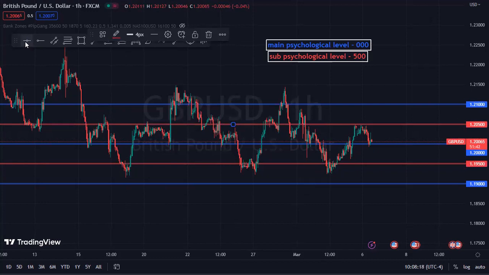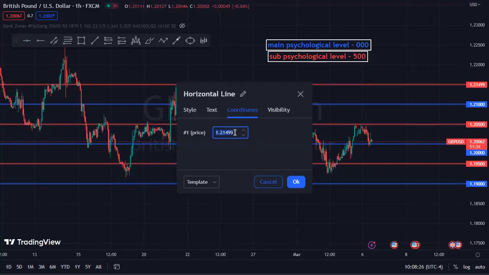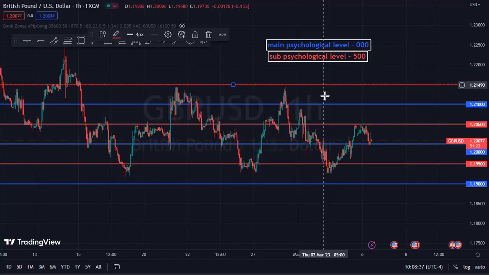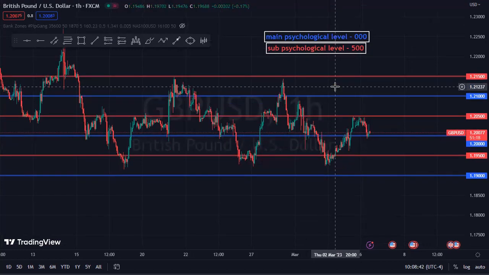Then we're gonna plot out our last one, which is gonna be 1.21500. There we go. As you can see now, I've plotted out all my psychological levels.